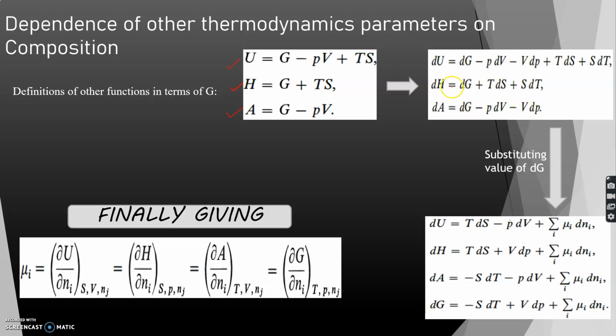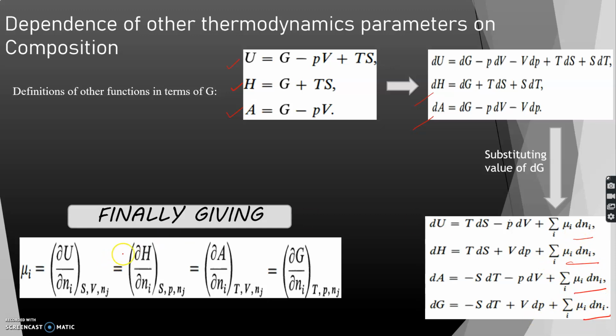Now when we substitute the value of dG from what we have obtained, that is TdS minus PdV plus summation of mu i dni, it gives the value of dU. Similarly, if we replace the value of dG in the other expressions for dH and dA, we get the dependence of thermodynamic parameters on the composition in terms of chemical potential.